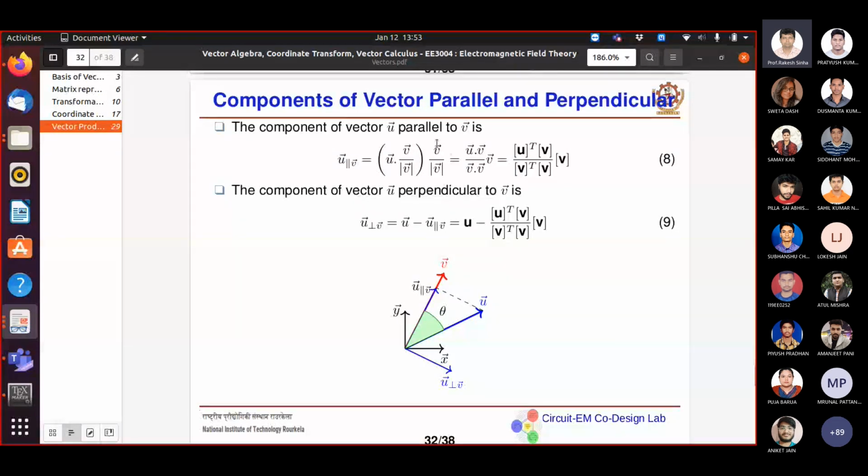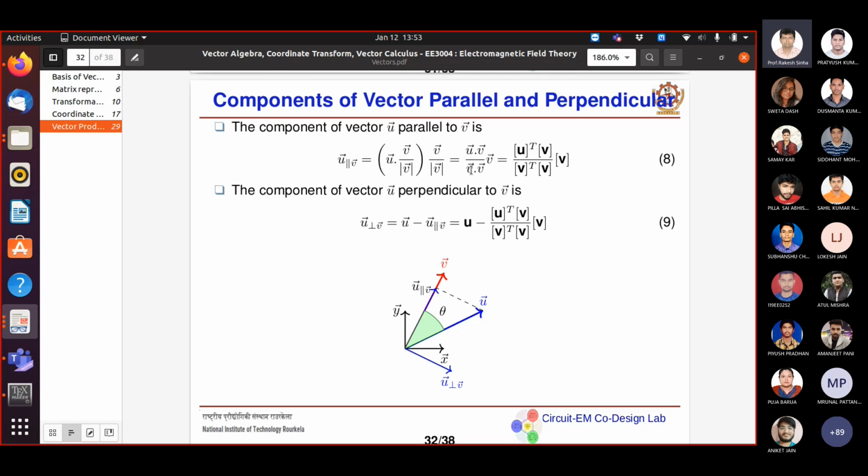Because we want to find the component in the V direction, obviously we need the direction vector of V. If I substitute this, then the magnitude of V times the magnitude of V is basically the inner product of V with itself.